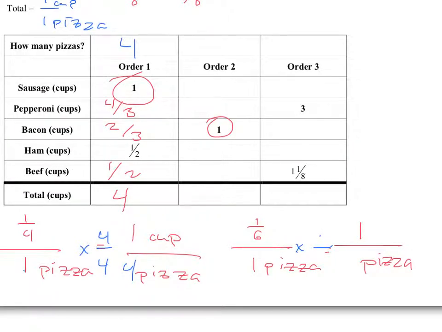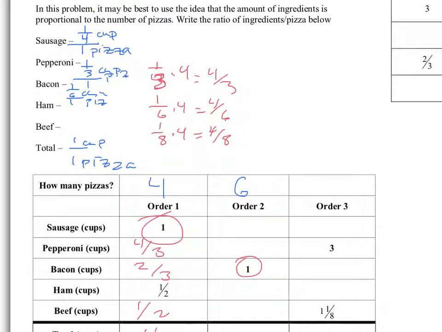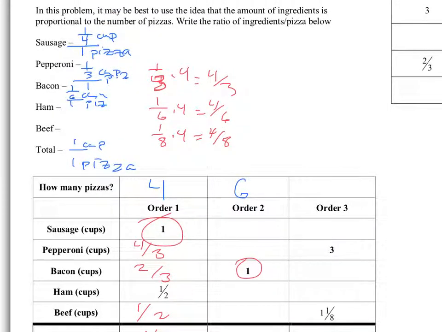Alright, coming back to this, if we want to finish this up here, we want to see that we're multiplying by 6/6 here. So that's telling me this is 6 pizzas, which means I'm multiplying everything times 6. The sausage, 1/4 times 6 would be 6/4, which simplifies to 3/2. The pepperoni would be 6 times 1/3, which would be 6/3, which is 2 cups.